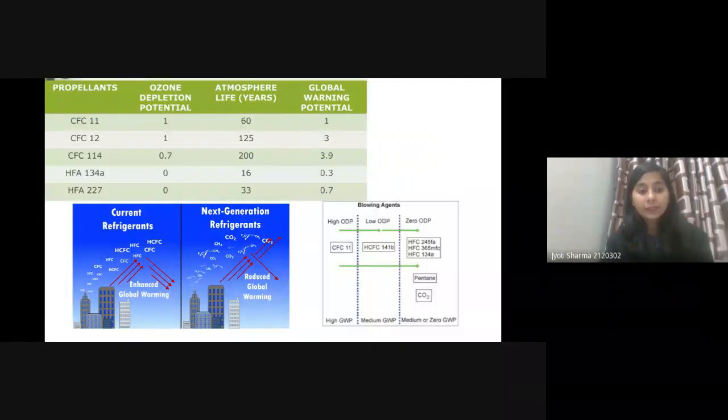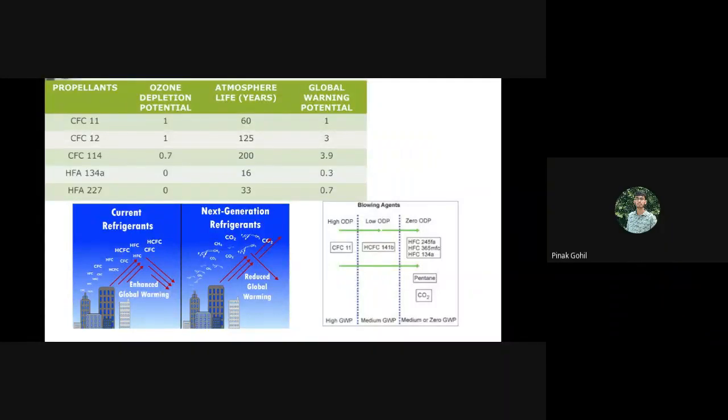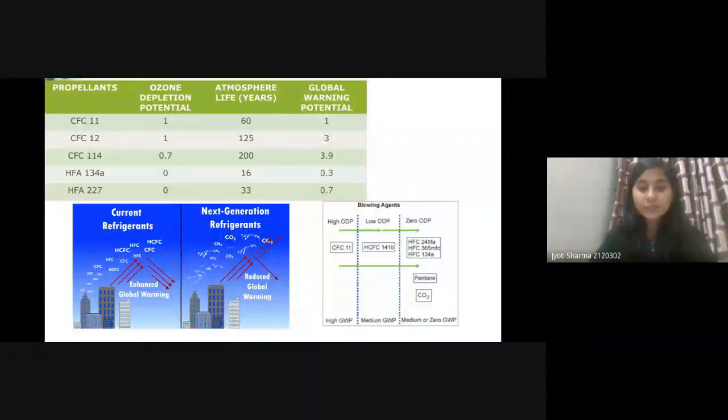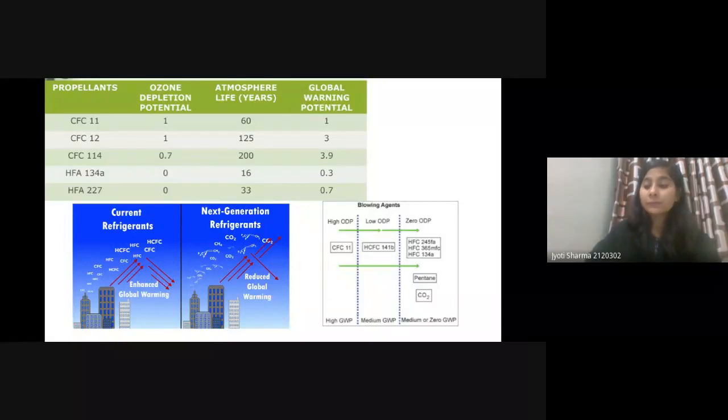Ma'am, for the refrigerants, the ODP, ozone depletion potential, in HFA is written as zero. It can't be zero, ma'am. It can be a small value like 0.00, but I think it cannot be zero. You have to check it. I took it only from Wikipedia, so you can check it once.